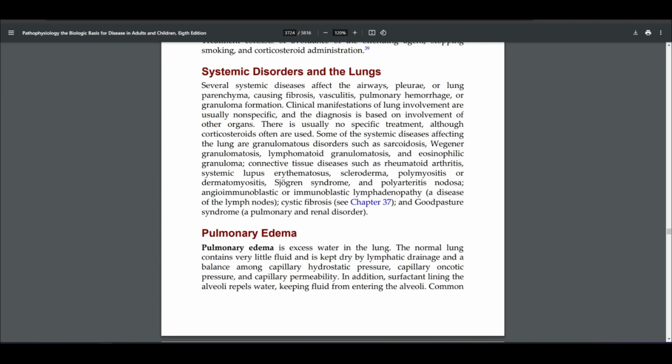Connective tissue diseases, such as rheumatoid arthritis, systemic lupus erythematosus, scleroderma, polymyositis or dermatomyositis, Sjögren's syndrome, and polyarteritis nodosa, angioimmunoblastic or immunoblastic lymphadenopathy, cystic fibrosis, and Goodpasture syndrome.